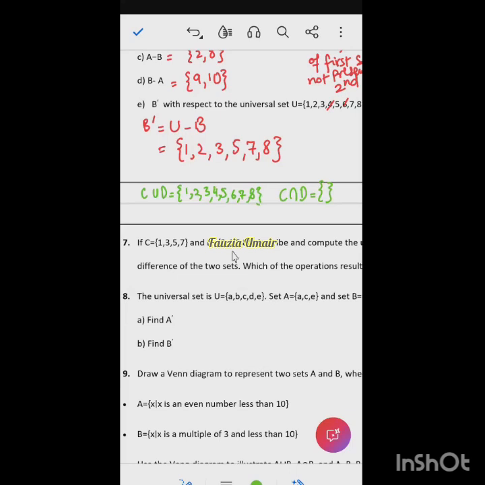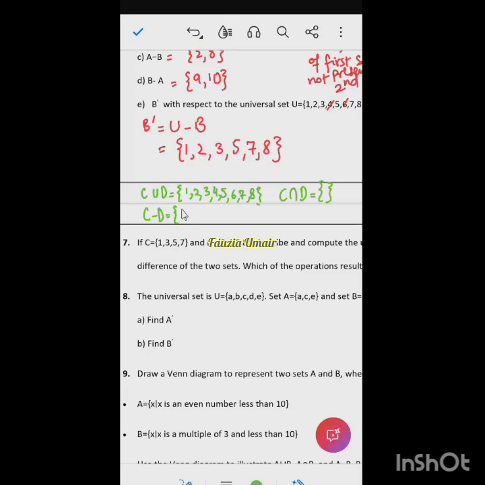Now what is C minus D? 1, 3, 5, 7. Because they are disjoint sets, even if you subtract them, there would not be any difference.